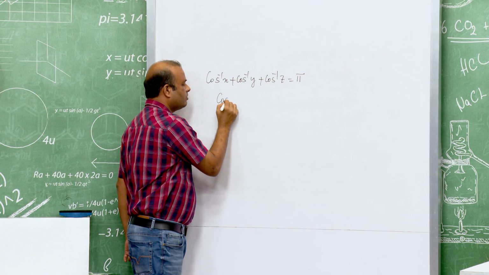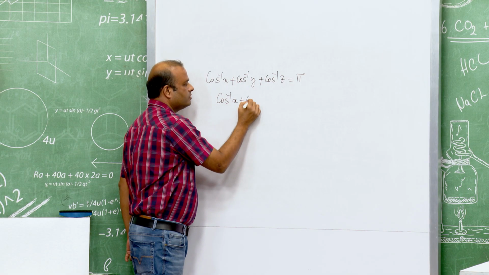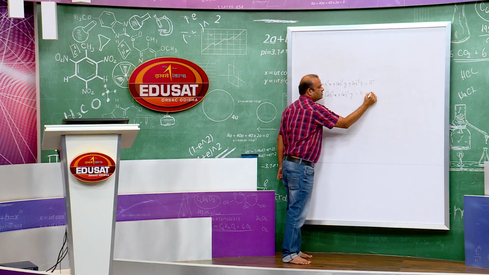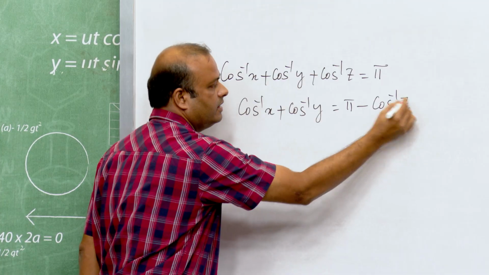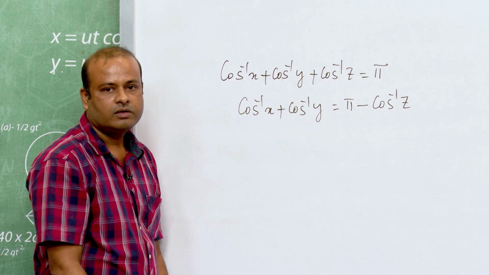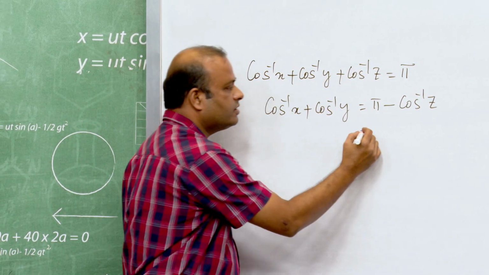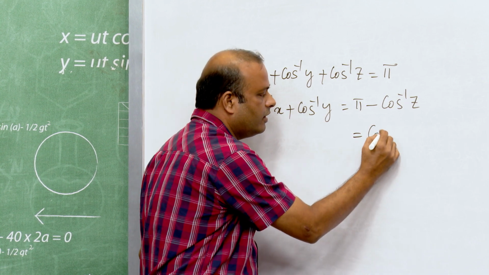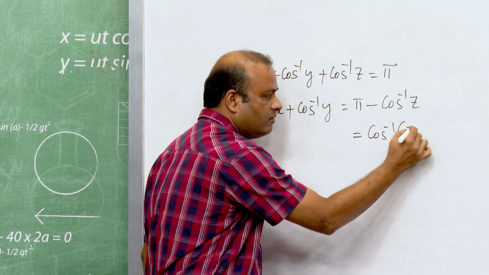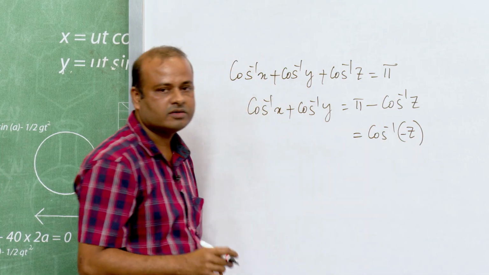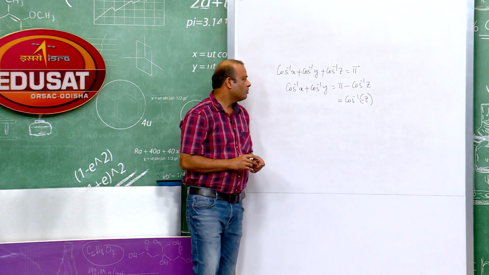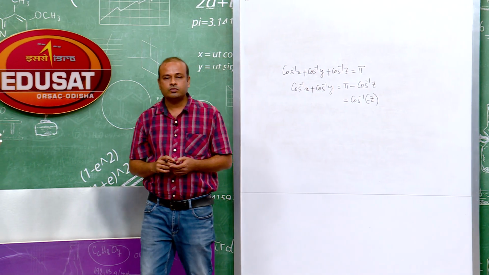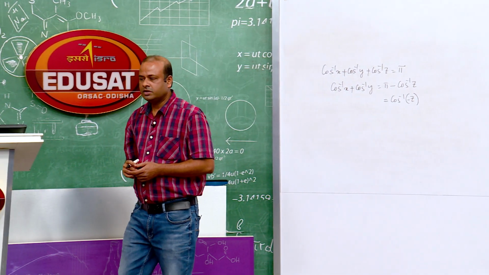So you can write cos inverse x plus cos inverse y is equal to pi minus cos inverse z. Take cos inverse z on that side. So pi minus cos inverse z, you know, is cos inverse minus z. One formula is there, in the previous classes I have told you. So cos inverse x plus cos inverse y is equal to cos inverse minus z.